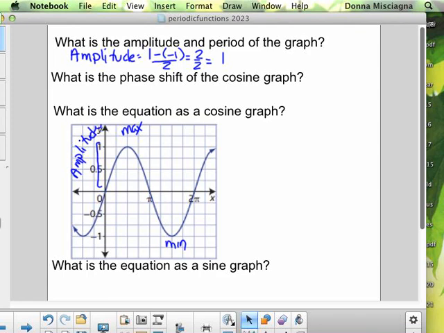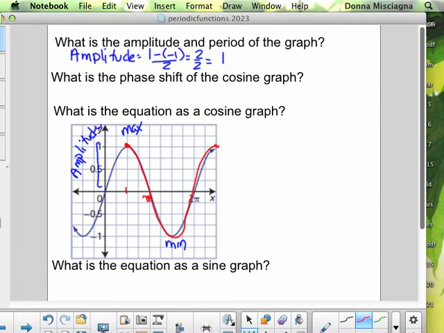We're going to write this first in terms of cosine. Cosine starts at the max, goes through the intercept to the min, intercept, and back to the max. Every 2 spaces is pi halves. So you can see that this is pi over here.